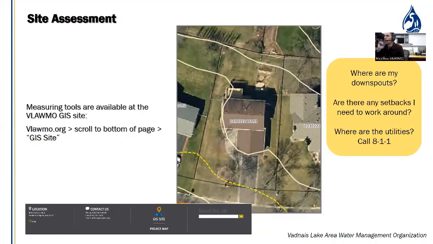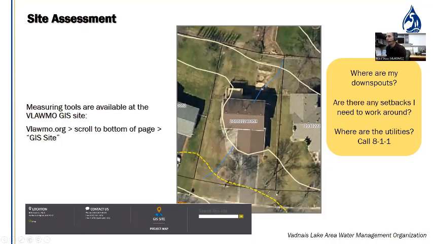You're going to get a visual for where your downspouts are, something like the slope, and where water's going. You can see this yard is kind of working diagonal, this way to this way.